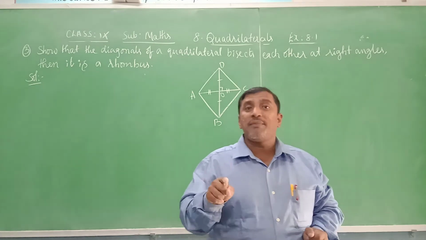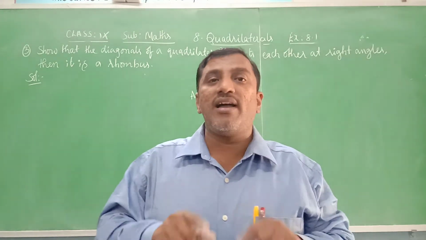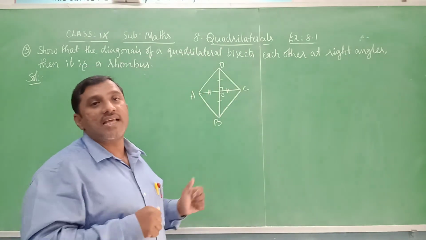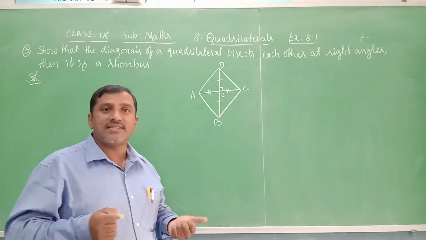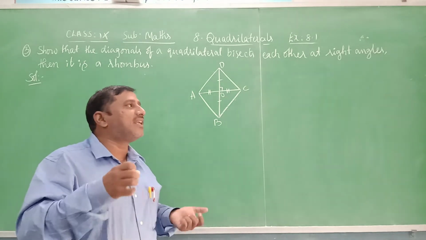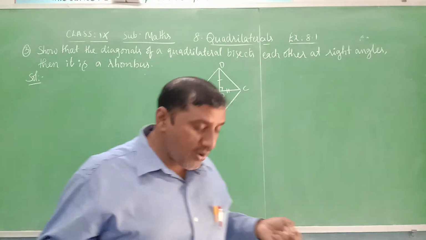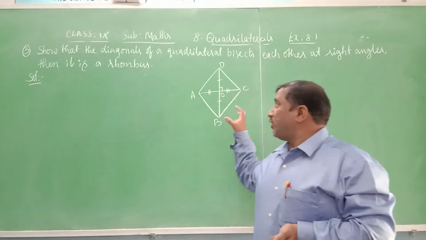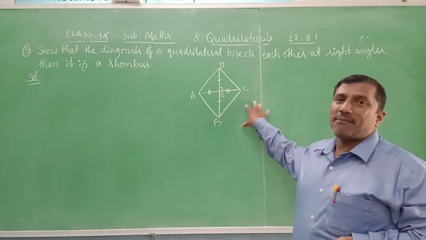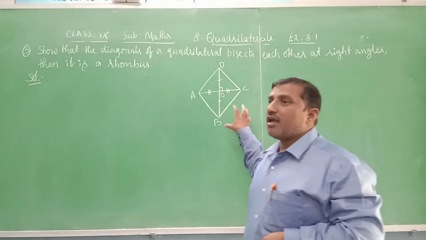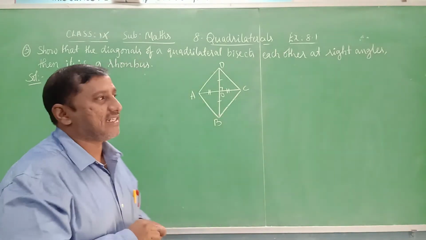Or one pair of opposite sides equal and parallel, then it is a parallelogram. And if the two diagonals bisect each other, it is a parallelogram. Here, first we will prove that this is a parallelogram, and then we prove it is a rhombus by proving one pair of adjacent sides are equal.